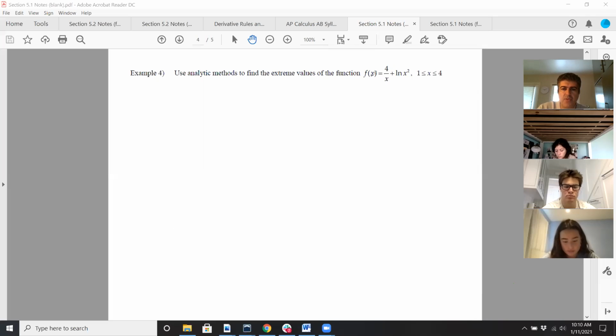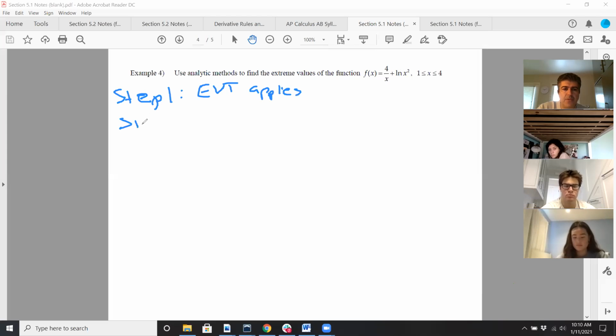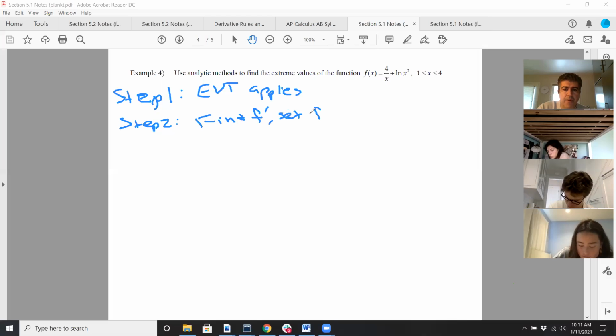So use analytical methods to find the extreme values of this function. So it's actually a 4-step process. Step 1 will be to state that EVT applies. Step 2 will be to find f prime, set f prime equal to 0, and solve for x.